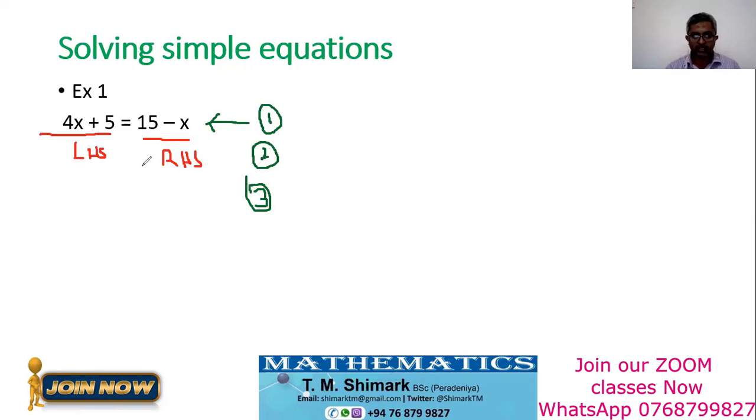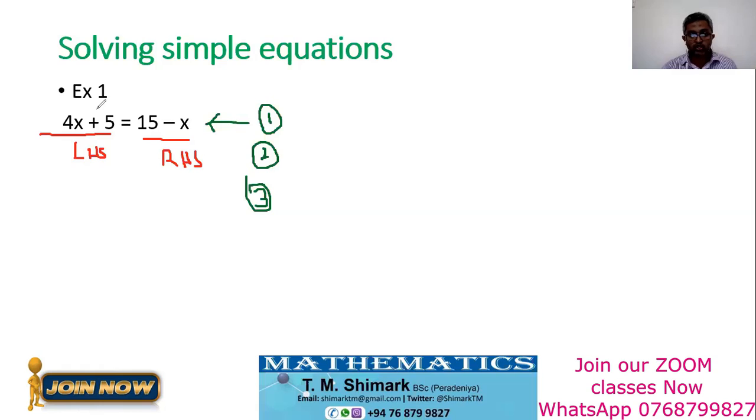That's the meaning of equation. You do something on the left side, you do the same thing on the other side. If you add something on the left side, you add on the right side also. If you subtract something, you do the same. You divide something, here also divide.